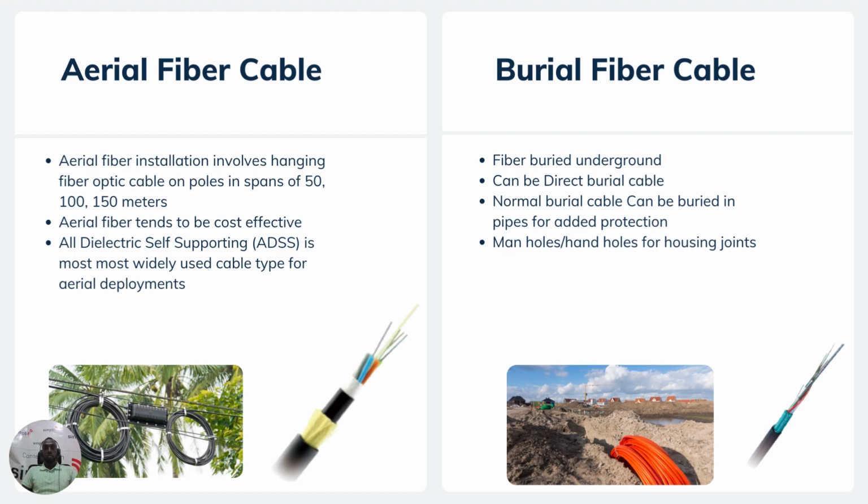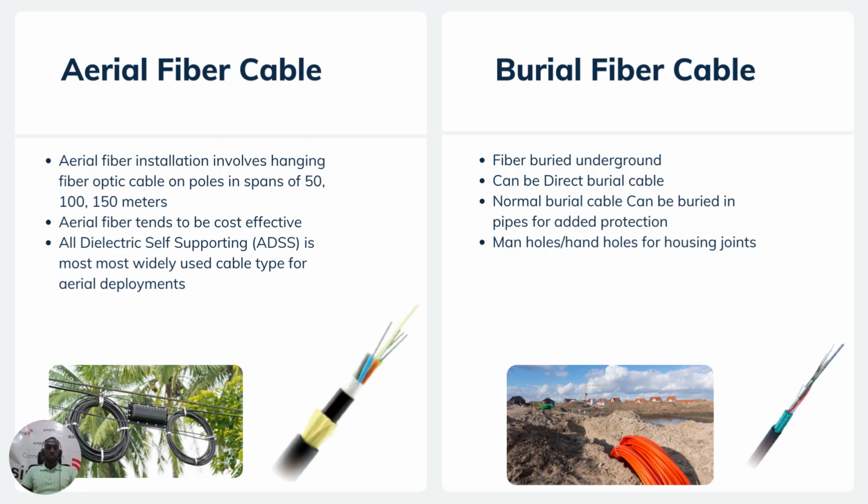You tend to find poles with spans of say 50, 100, 250 meters, and that is usually a spec within a particular make of cable, that this one can span 100 or 50 or 150 meters without damaging the internal cores of the fiber. That gives you an idea of how many poles you need to cover a certain distance of an area.